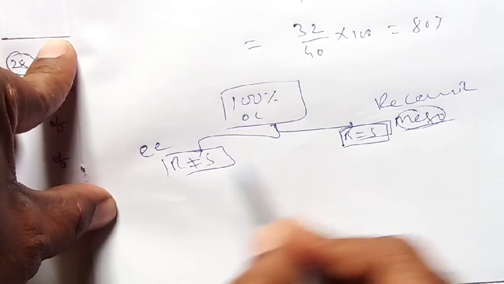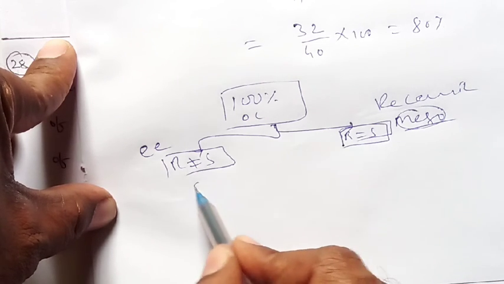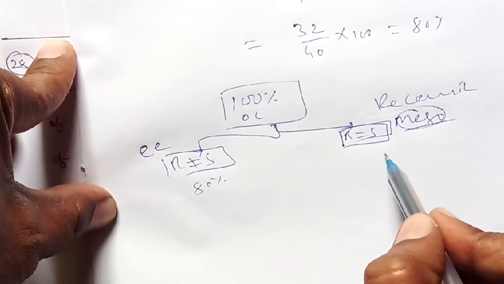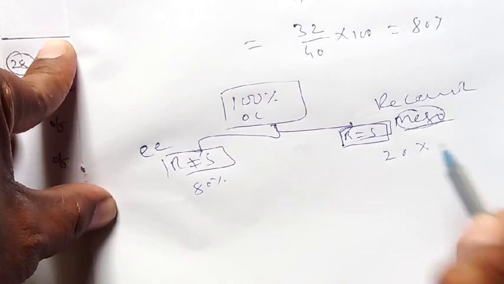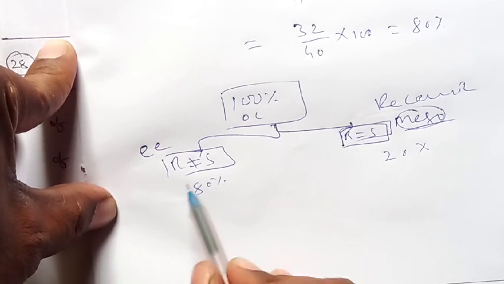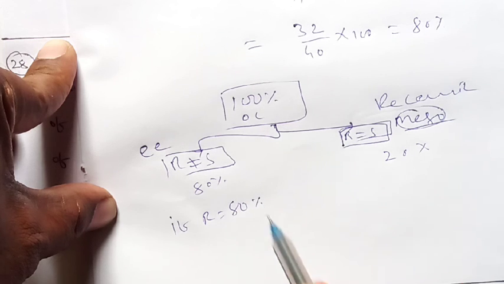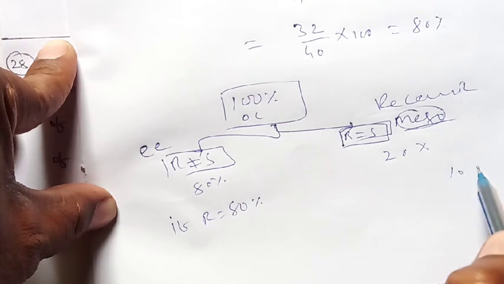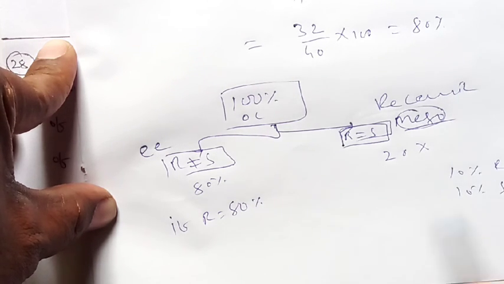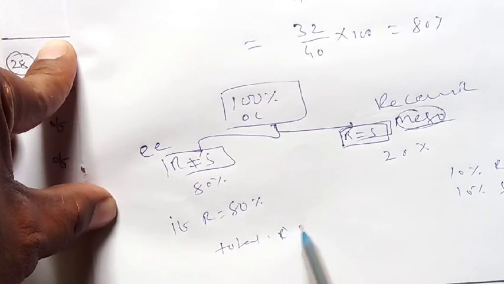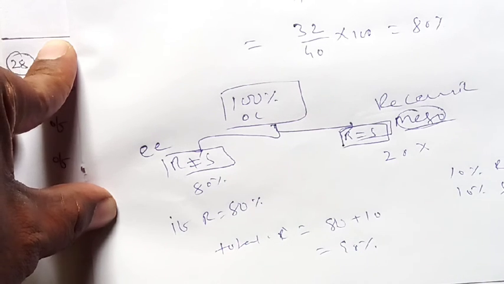For example, here we got 80%. That means the remaining racemic mixture forms only 20%. In the total organic compound, if R excess is 80%, from the racemic part you get 10% R and 10% S. Then the total R form equals 80 plus 10, which is 90%.